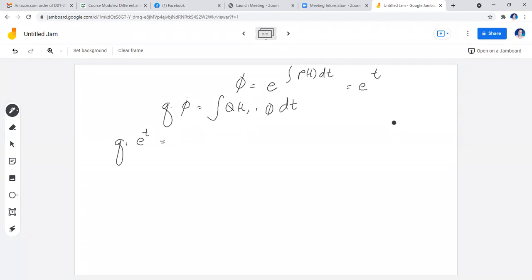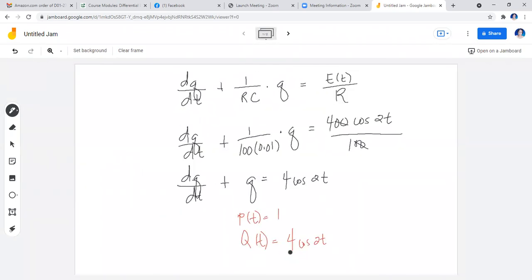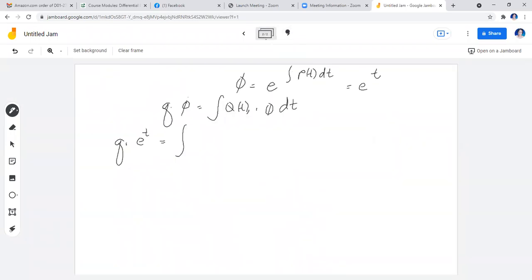Now on the right side of my equation, I will have the Q of t. So what's the Q of t? Our Q of t is 4 cosine 2t. So I'll place here 4 cosine of 2t, and multiply it by the integrating factor e raised to t dt. Now, upon looking at it, it's an integral that can be evaluated using integration by parts.